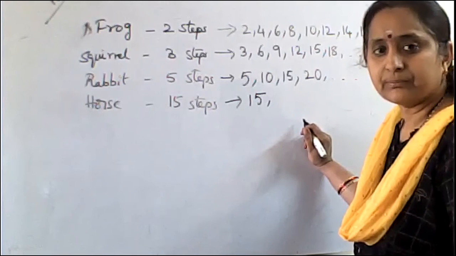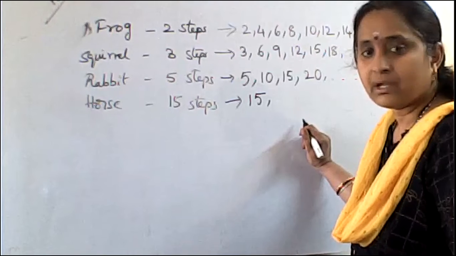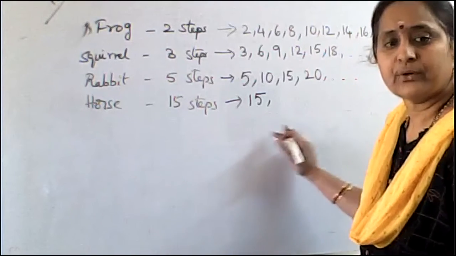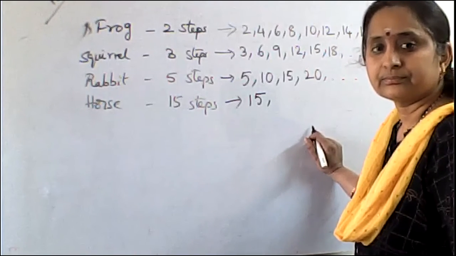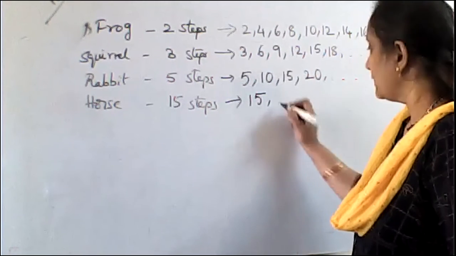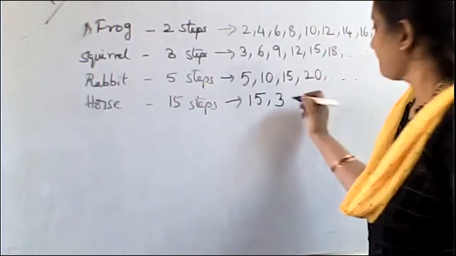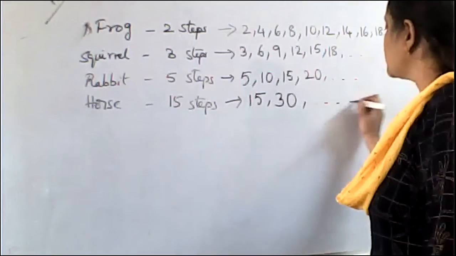On second jump, 15 plus 15 or 15 into 2, where will it be? 30. Okay, so it's plus 15.